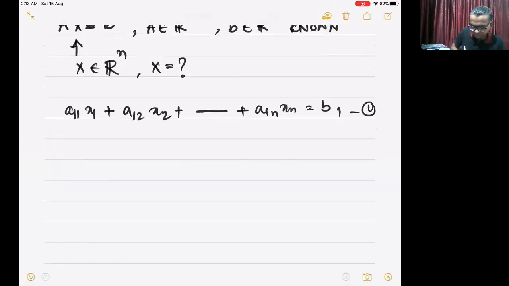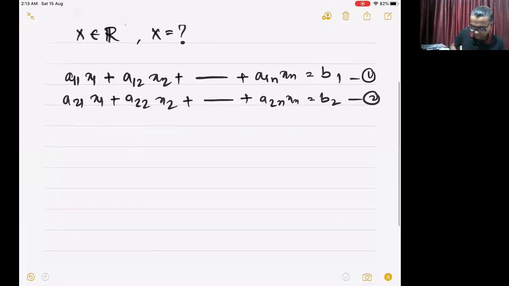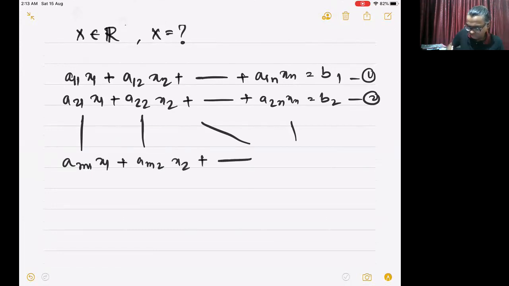And then I have a21 x1 plus a22 x2 plus dot dot dot plus a2n xn equals b2, which is equation number 2. This continues like this. I finally have am1 x1 plus am2 x2 plus dot dot dot plus amn xn equals bm, which is my equation number m. So I have this set of m equations.